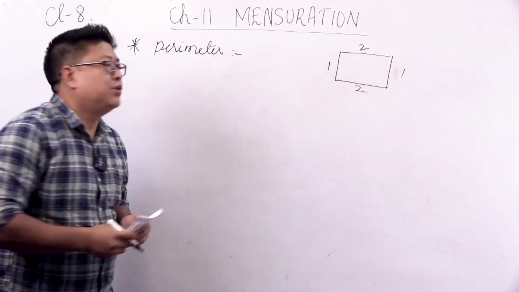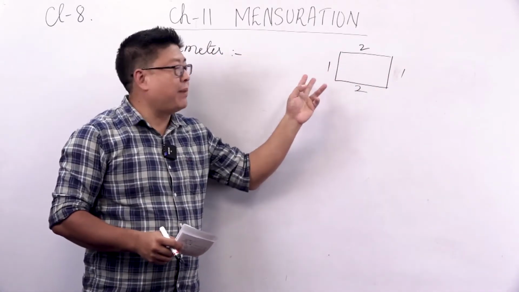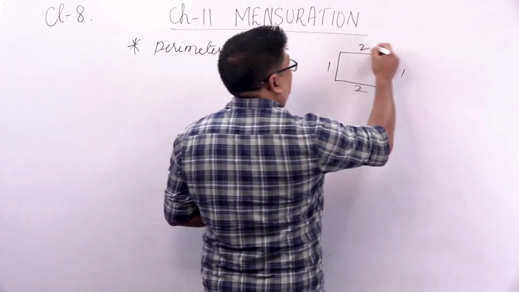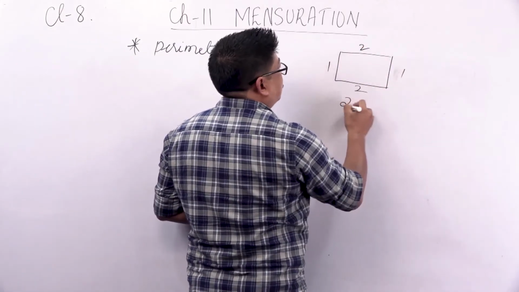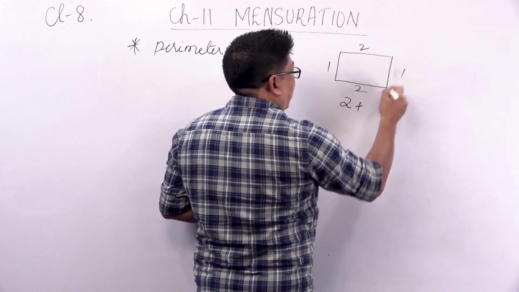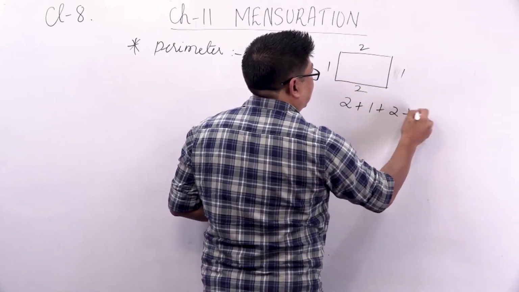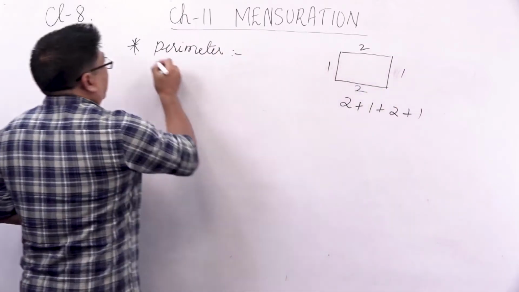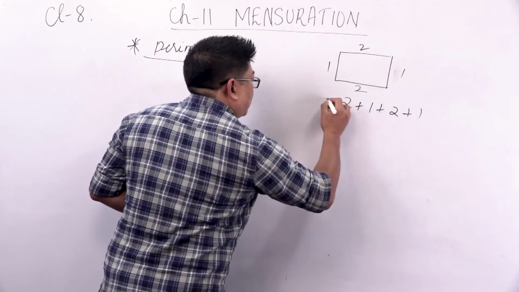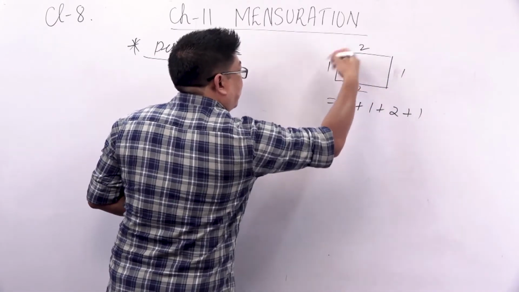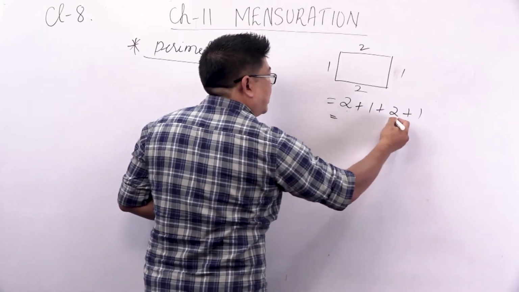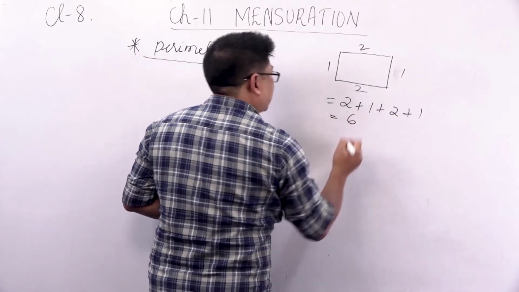All right. So if you want to find perimeter, you simply have to add all the sides. That means 2 plus 1 plus 2 plus 1. 2 plus 1 is 3, so you're getting 6.